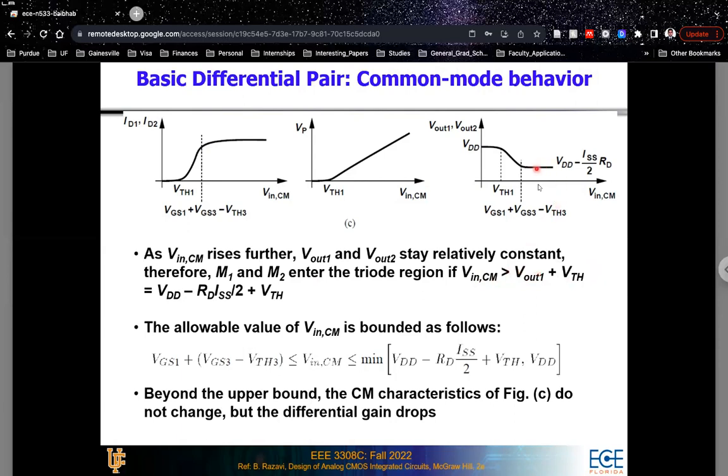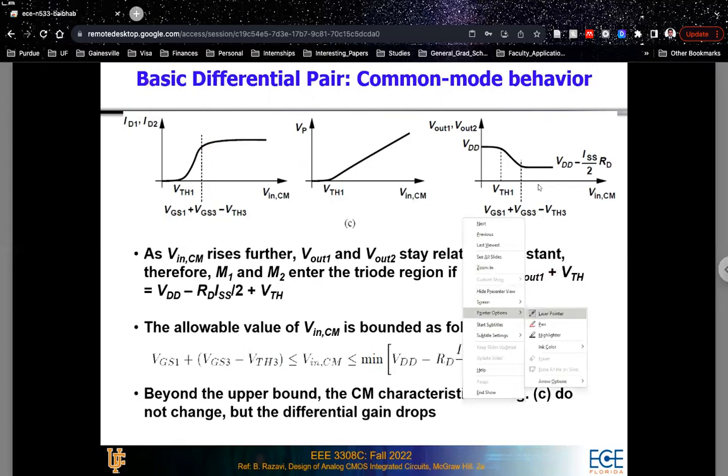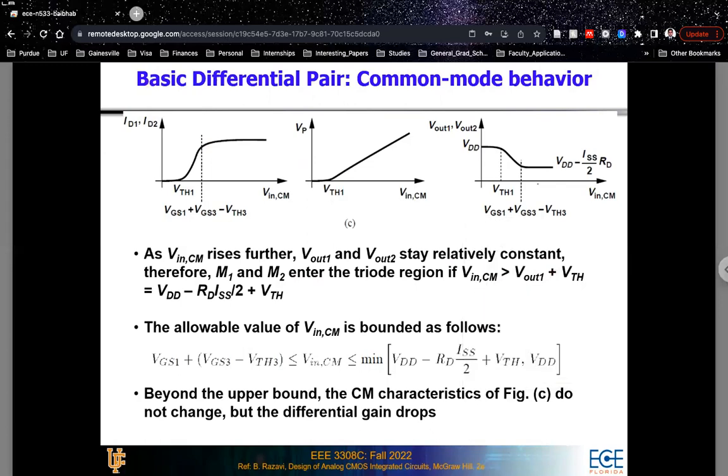Your Vout1 is already fixed at VDD minus ISS over 2 times RD, so as you keep increasing Vin,CM, it would be higher than Vout1 plus VTH. Now remember, what is Vin,CM? Vin,CM is Vg of, let's say, the transistor M1. If that is greater than Vout1, which is Vd, the drain voltage of transistor M1, plus VTH.